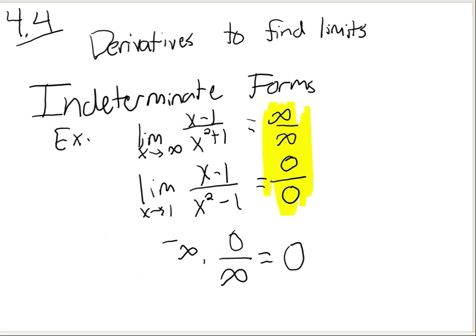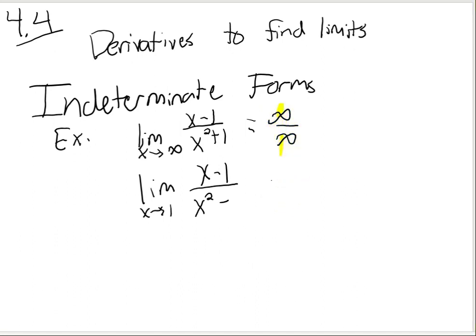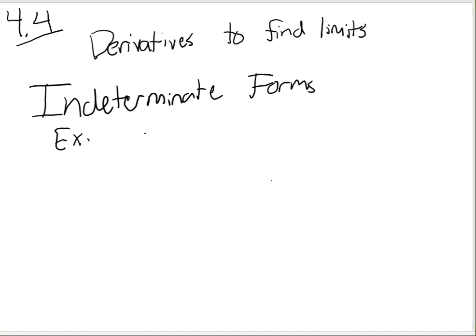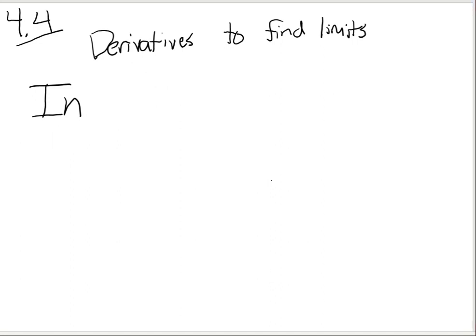Another caveat with these indeterminate forms is you can also do similar things with negative infinity and get also indeterminate forms. And those might pop up in some examples, but right now we're just going to state it in terms of just infinity.